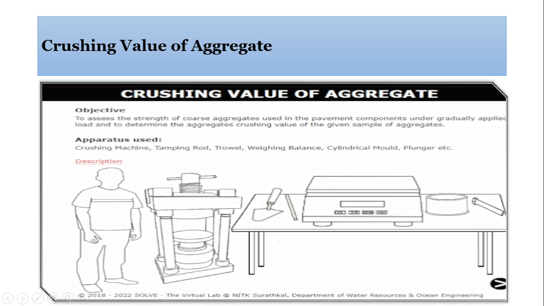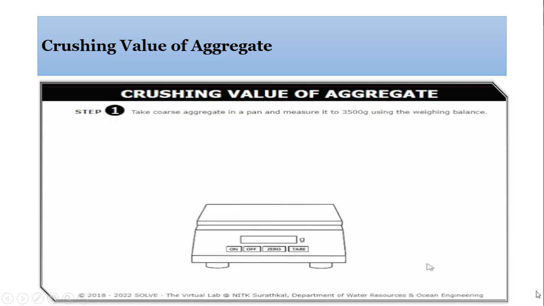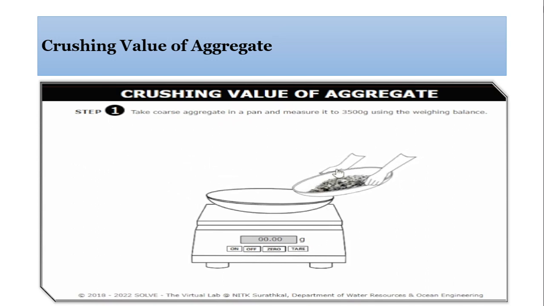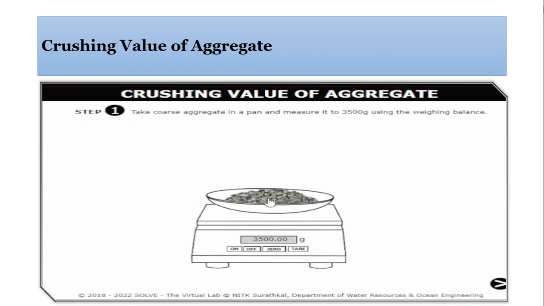First of all, we take one weighing balance. We measure a pan, make it 0, put the aggregate in the pan and measure the weight of the aggregate.